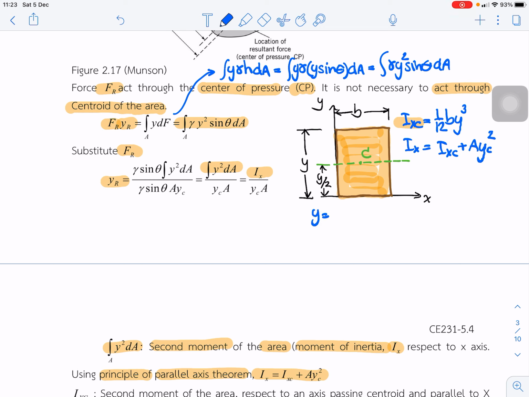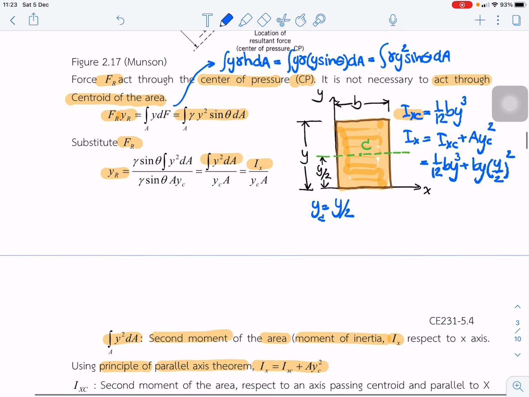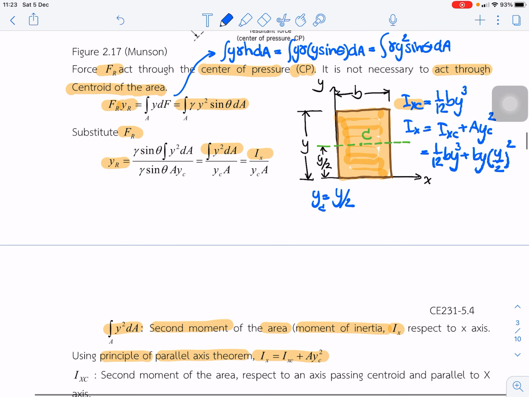In this case, yc is equal to y over 2, half of the height of the rectangle, so we have 1 over 12 b y to the power 3 plus b y times (y over 2) squared. That is similar to what we learned about the parallel axis theorem from statics, so we can apply it to hydraulics.